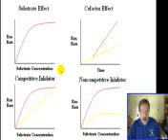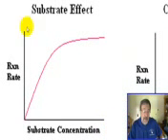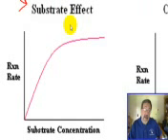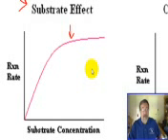Here we see four graphs that represent four situations in relation to cofactors and inhibitors. The first graph is the effect we just looked at, how the rate of reaction changes as the substrate concentration changes. At this point, we've got all of the enzymes' active sites occupied by substrate so that the reaction does not increase, it reaches a plateau.